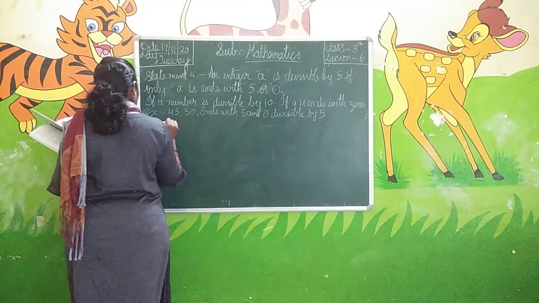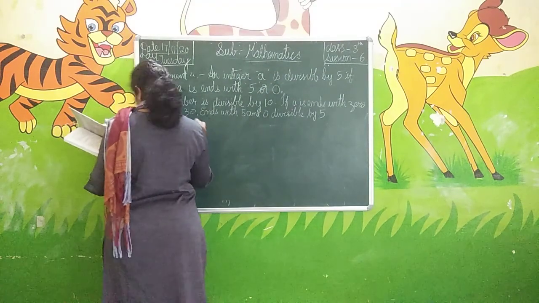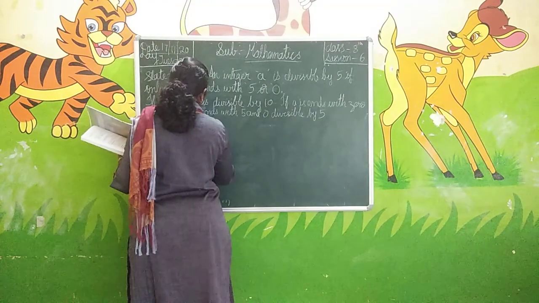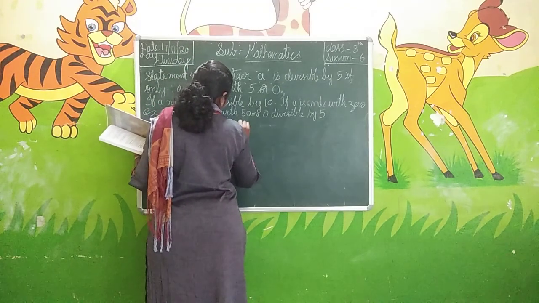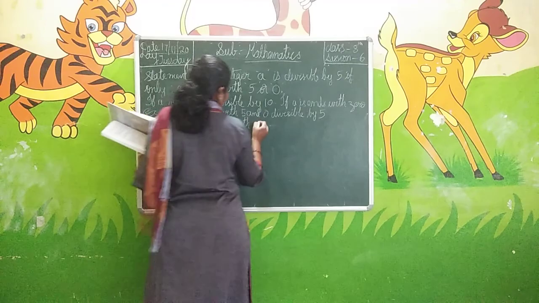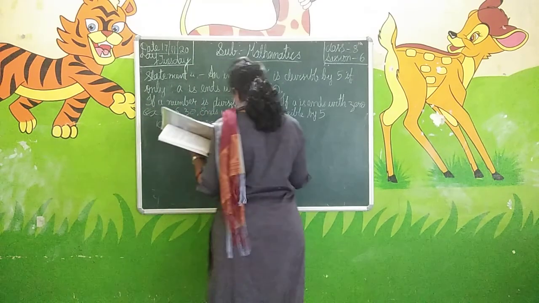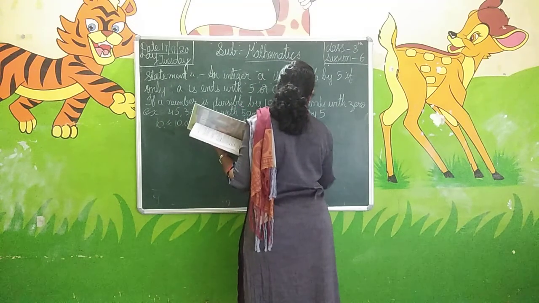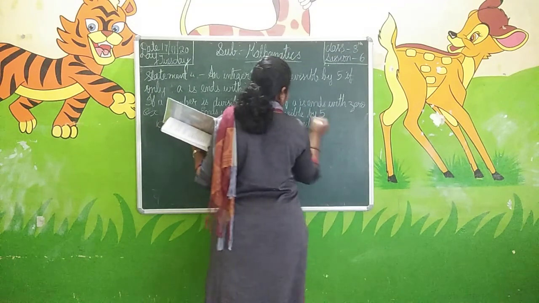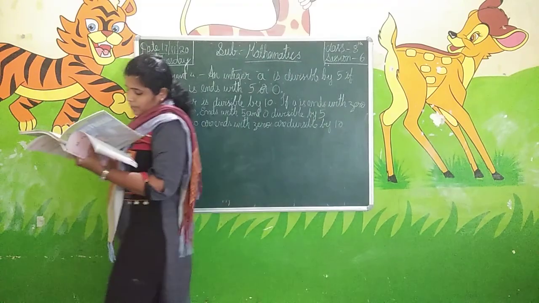Next, 10 and 10,000 end with 0, so they are divisible by 10. Okay.